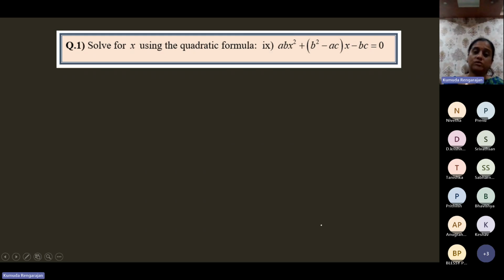Do this one first without using the quadratic formula. Solve for x by factorizing. We'll do it in both the methods, using the quadratic formula and not using the quadratic formula, by factorizing. So do the factorization method first.